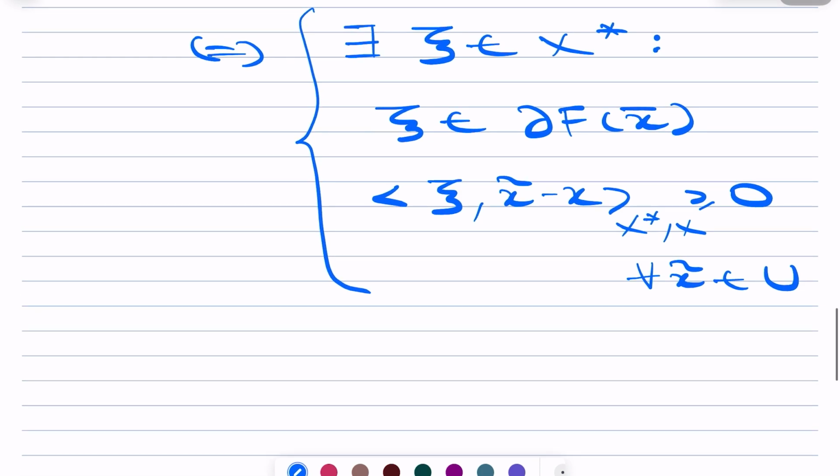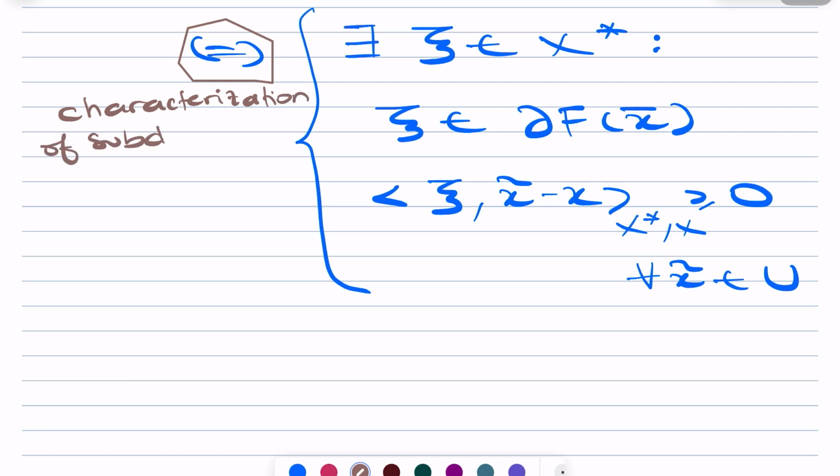Again, this is by characterization of the subdifferential of the indicator function as the normal cone.